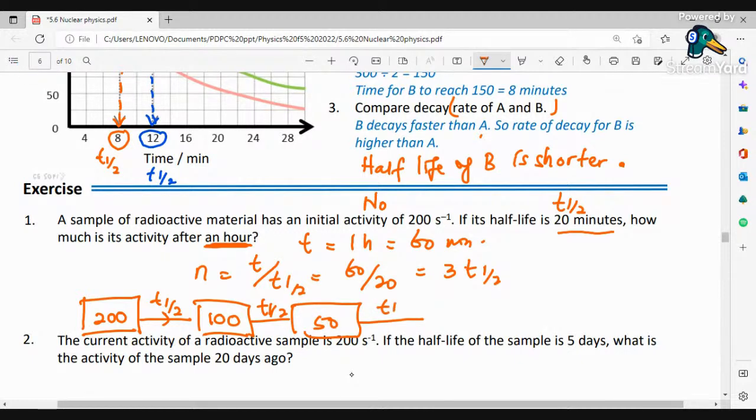Another half-life, 3, dia akan jadi 25. So activity after an hour is 25 per second. Okay, itu macam tu kita selesaikan.